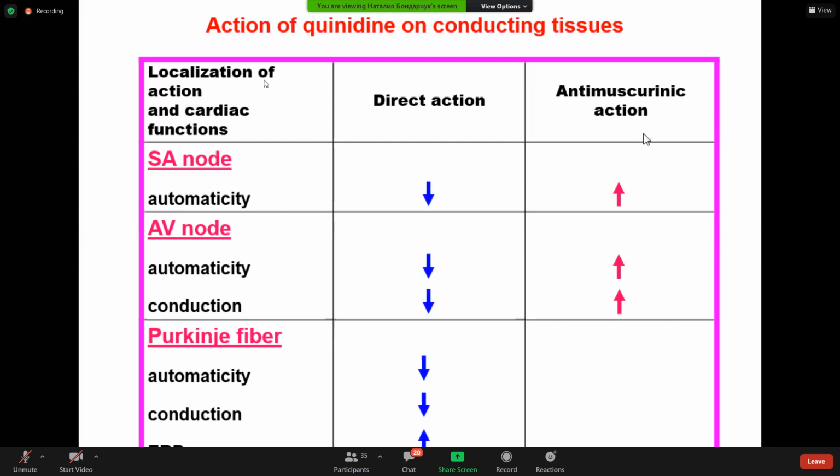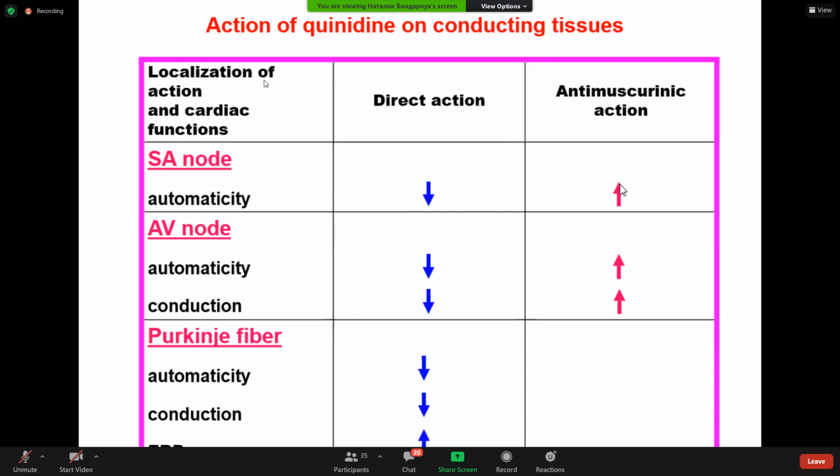The action of quinidine on conducting tissue of the heart. If we are speaking about the sinoatrial node, it has the opposite influence on sinoatrial node automaticity. Due to its direct action, the sodium channel blocking effect, it reduces automaticity of the sinoatrial node.